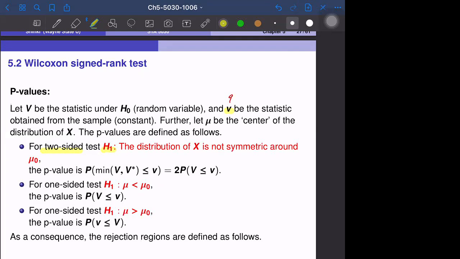Then in that case, the p-value is defined by this: the probability that the minimum of V and V asterisk is less than v. Under the null hypothesis, V and V asterisk are symmetric, so they have the same distribution under H0. So we can say that the minimum being less than v means 2 times the probability that V is less than v.